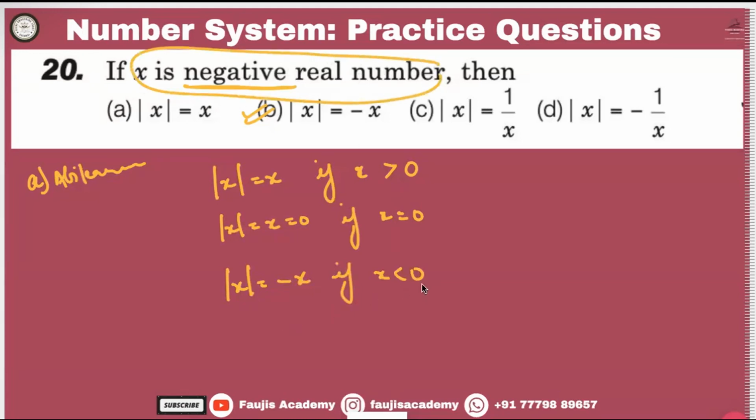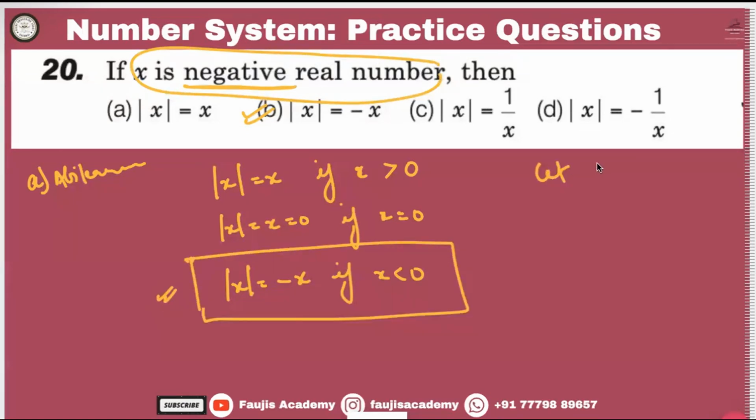Negative real number means what? We have to go by this one. Let x be equal to 5. So in that case, this one will be followed, right? If x is equal to minus 9, which is a negative number, as I'm assuming minus 9, then in that case, what is happening? This case will be leveraged.